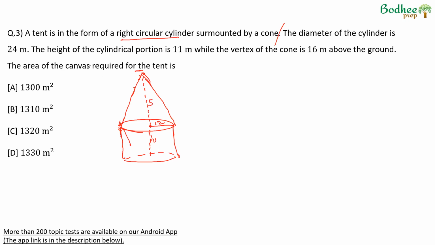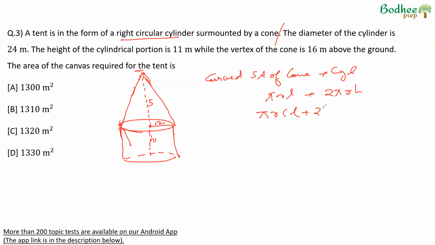The area of canvas required for the tent will be nothing but the curved surface area of cone plus cylinder. This is pi RL plus 2 pi RH. Pi R can be taken common, L plus 2H.